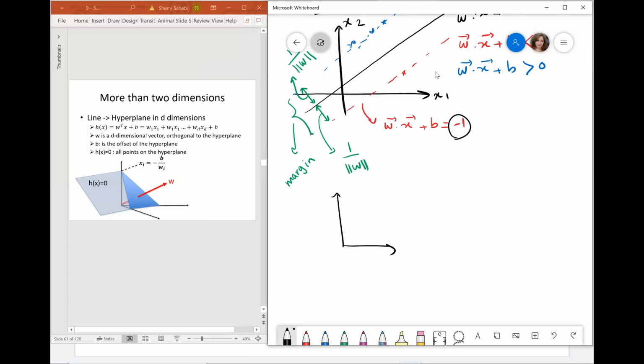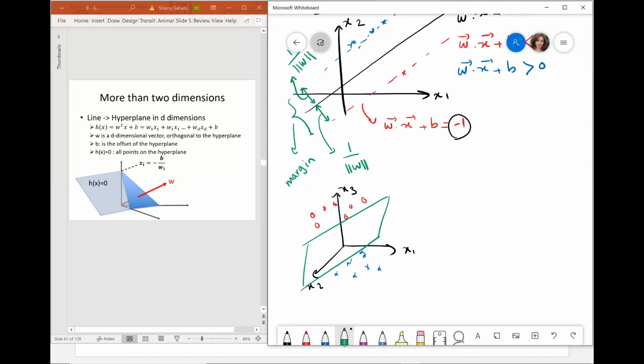We have x1, x2, and x3, and then we have some blue data points in some part of the space and some red data points in another part of the space. The separating line, instead of being a line, is going to be a separating hyperplane. So we are going to have a plane that separates these two classes from each other.